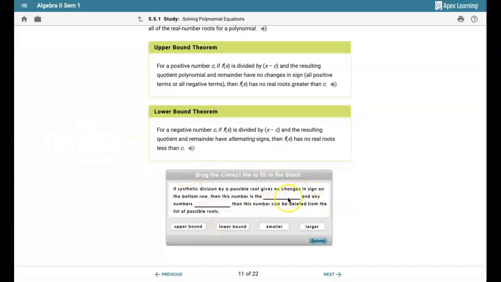If there's no sign change in the bottom row, that means it's the upper bound, and any number larger than this can get deleted. On the other side, if you have your lower bound, with alternating signs, then there's nothing lower than that value.